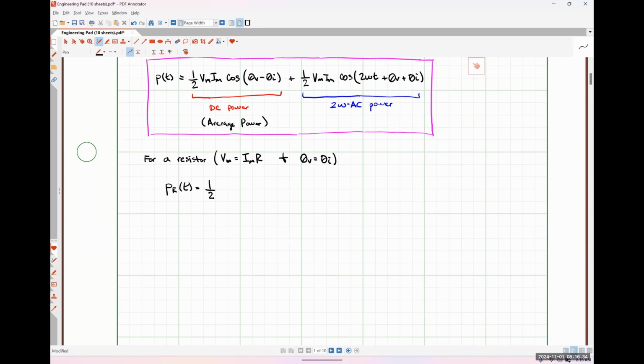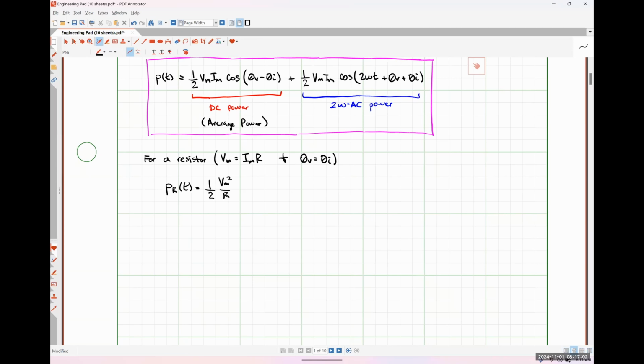So let's put everything in terms of voltage first, okay? So my V_M is going to stay V_M. Well, how would I express the magnitude of my current in terms of V_M? Just divide both sides by R, right? So I_M being replaced by V_M over R gives me V_M squared over R, okay? Just simple substitution there, all right?